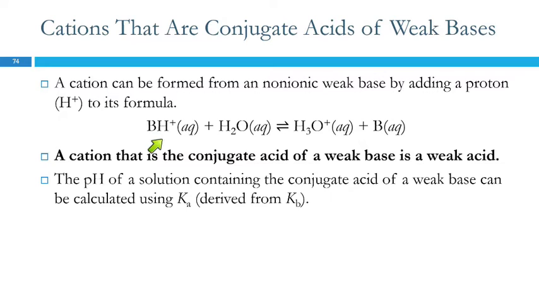This is going to act as a weak acid. Any questions? The pH, we can calculate using Ka that we have to derive from Kb. I think we did an example of that one.